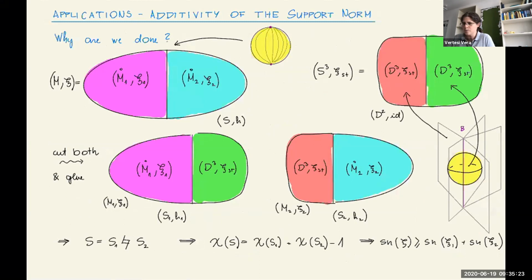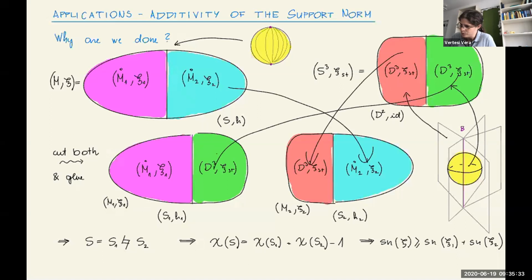Then you cut these two pieces apart, and you glue this part to this part, and that part to this purple one. So you get two open books which support your original contact structures in the pieces from the connected sum, and the page is again the boundary connected sum of the pages. So you get that the support norm is super additive.